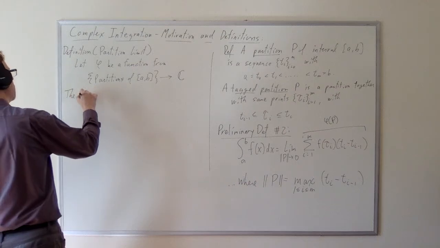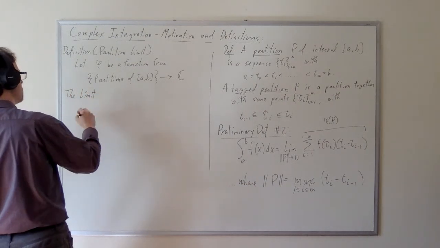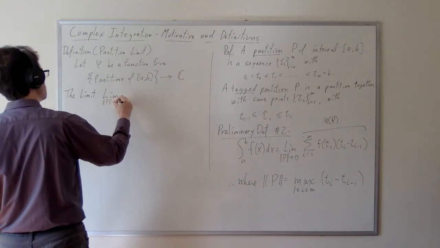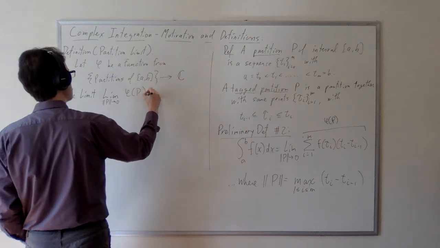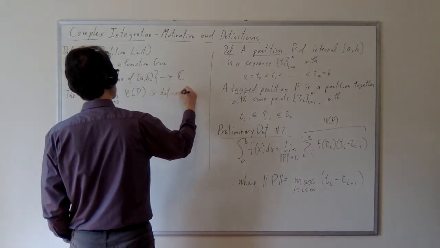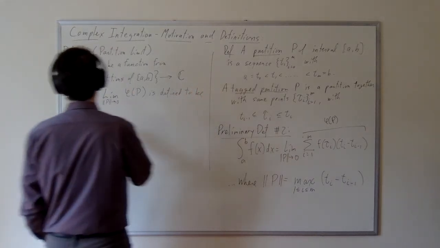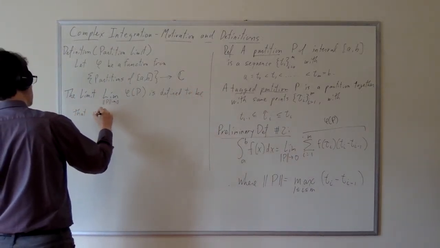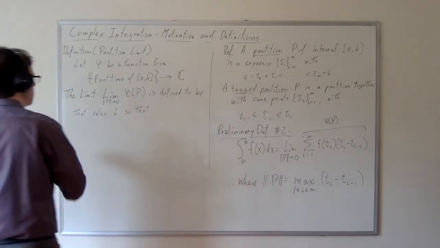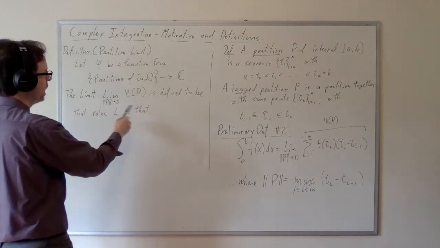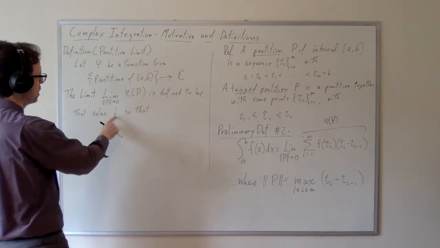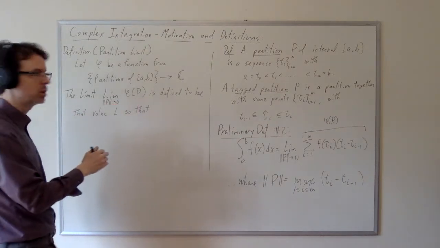The limit, so the limit as the partition norm goes to 0 of phi of p, is defined to be that value L, if it exists, of course, so that now what we need to say here is, if you want to get this value phi of p close to L, then you can by choosing this sufficiently small.